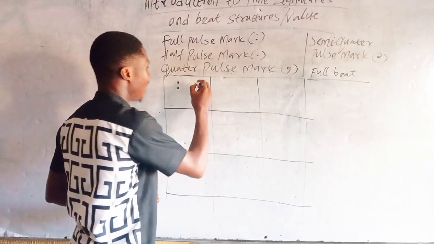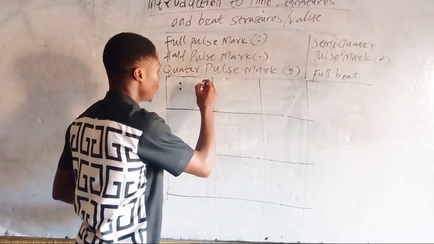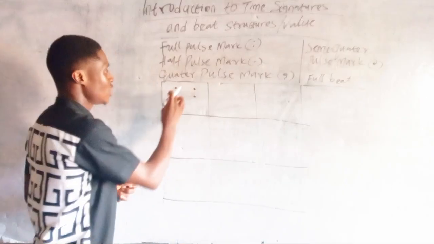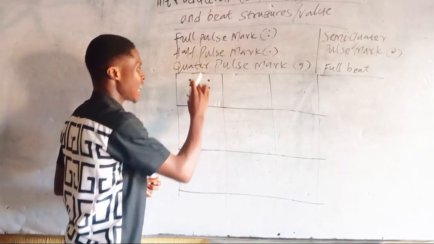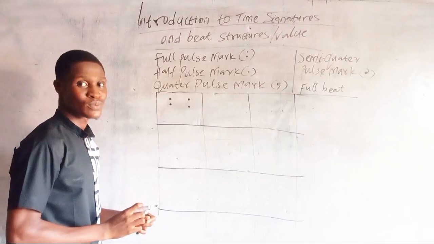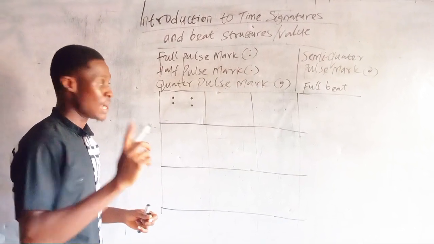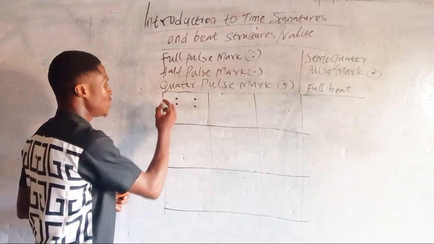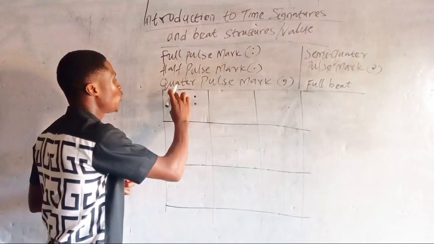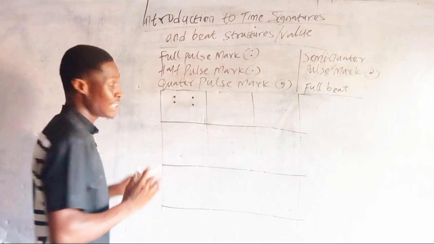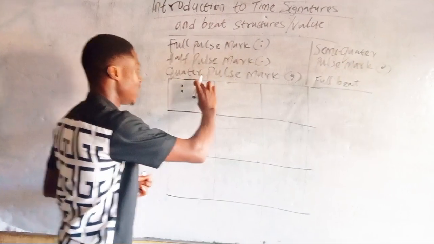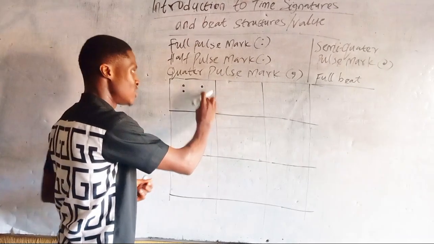Again, whenever you have a space between one full pause mark and another full pause mark, that's a full beat also. I recap, whenever you have a space between a bar line and a full pause mark, or between a full pause mark and another full pause mark, that's a full beat. Or between a full pause mark and a bar line, this is still a full beat.